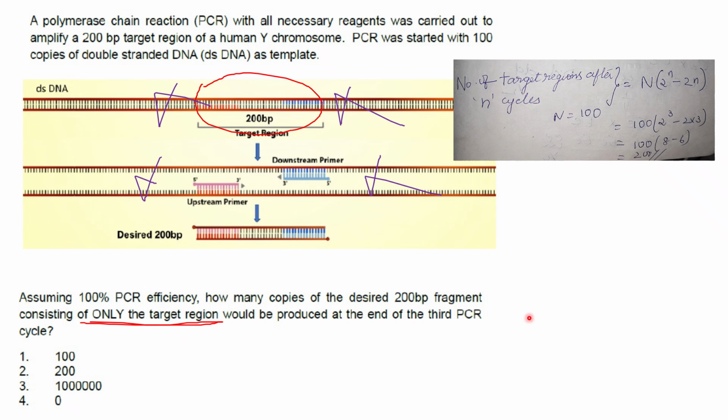That will be 200. Now if it is the fourth cycle, you put n as 4: 2 raised to 4 minus 2 into 4, and you multiply by the initial number of copies that you have added. That will give you the number of target regions after n cycles.